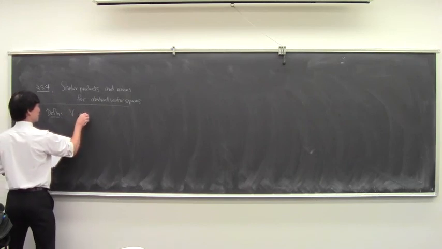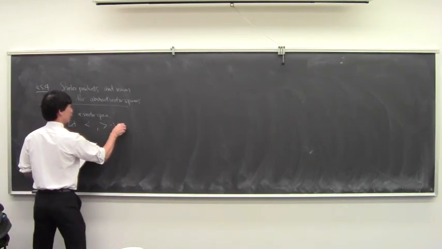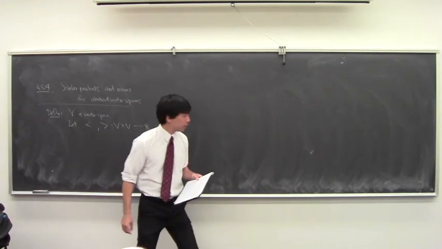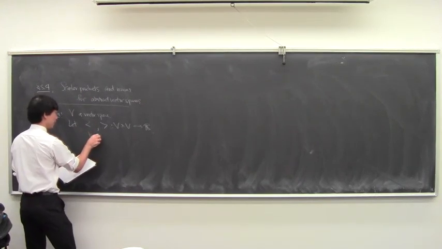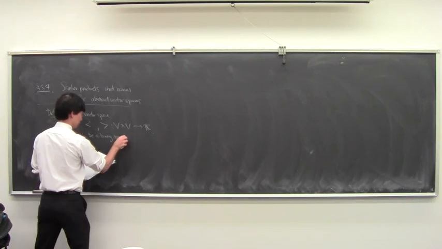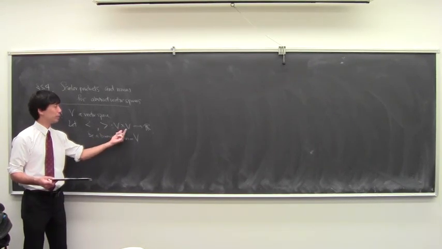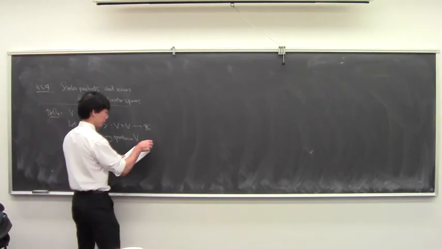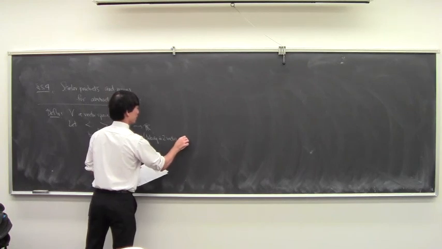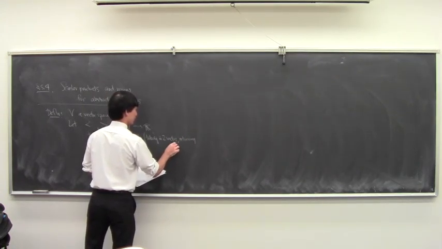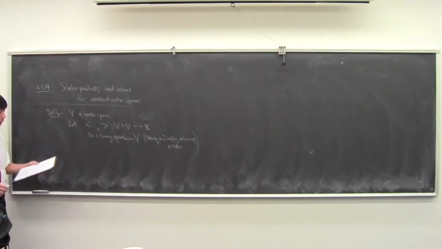You have V, a vector space, and you have this thing, bracket bracket, going from V cross V to R. Let this be a binary operation on V. By that I mean it takes in two vectors in V and then returns a number, a scalar in R. To be honest, we could make this into C, but for now we're going to make it into R.